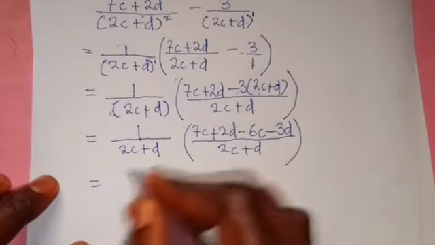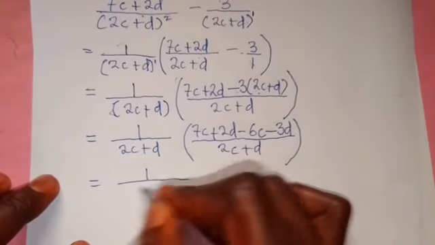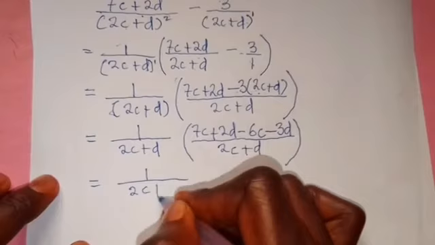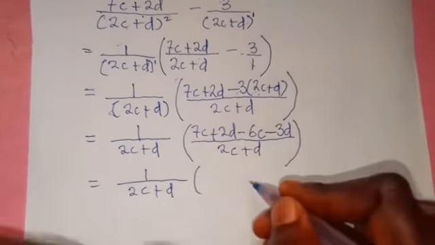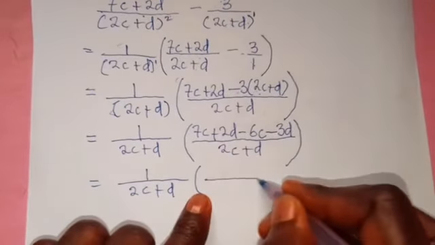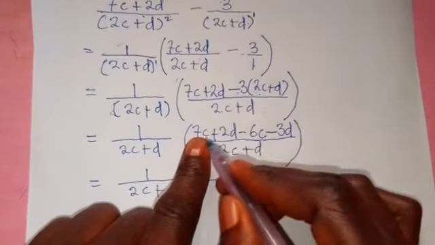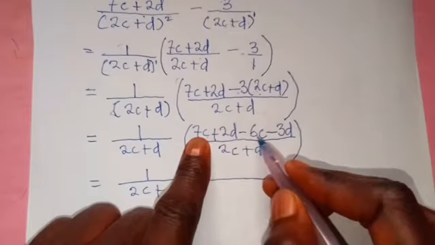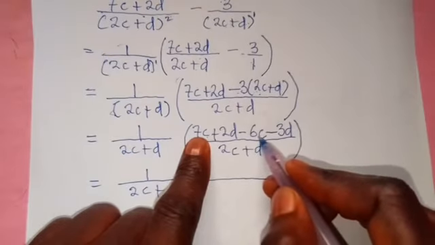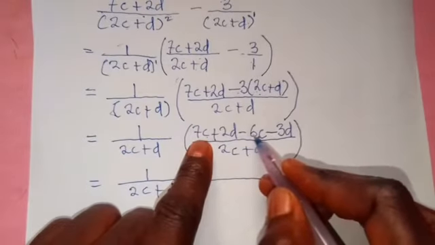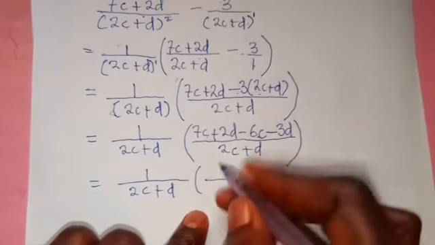Now in the next step, we still retain what is outside, which is what we have here as 1 upon 2c plus d, okay? Then we come in here, we rule our line, okay? Then 7c, you realize that as you go along the line here, we're also having another c here. So 7c minus 6c will give us 1c.